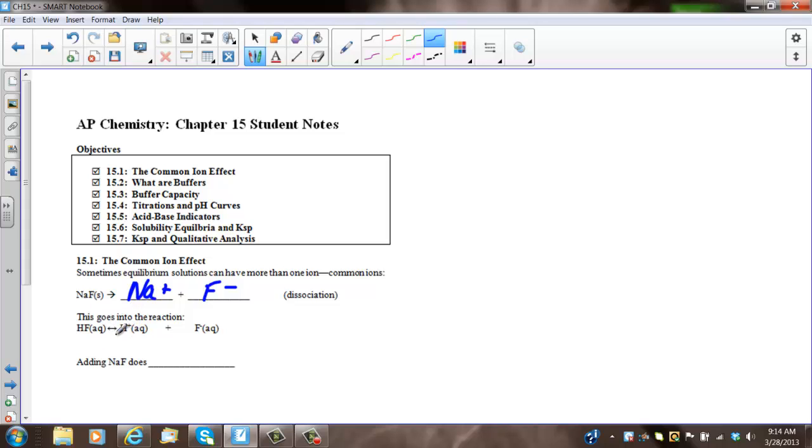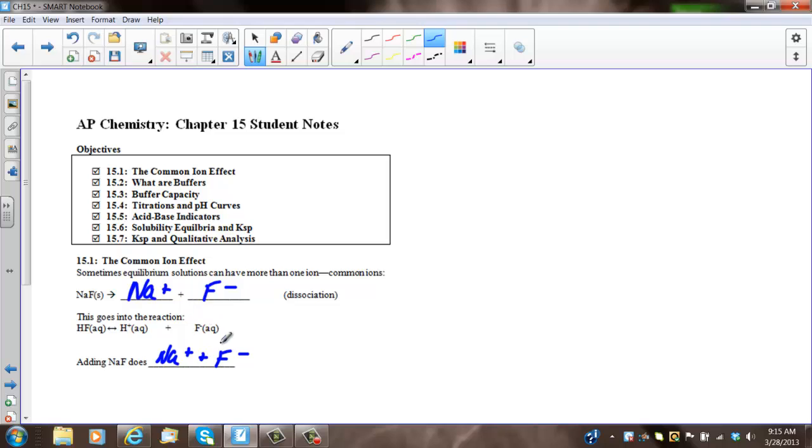In this reaction, if I had HF aqueous, then that would dissociate into H plus and F minus. If I were to add NaF solid, as soon as that hits the water, it's going to turn into Na plus and F minus.